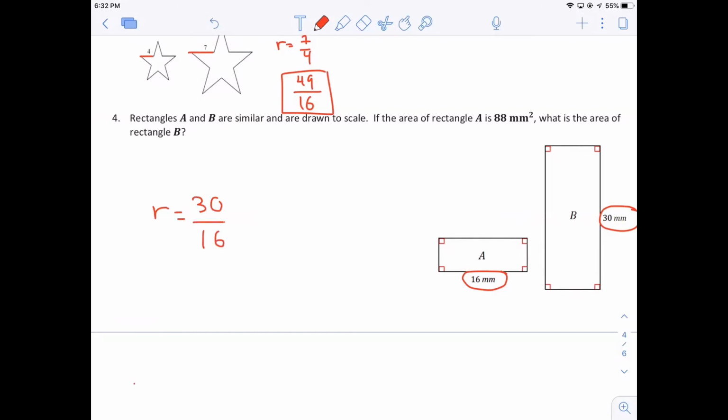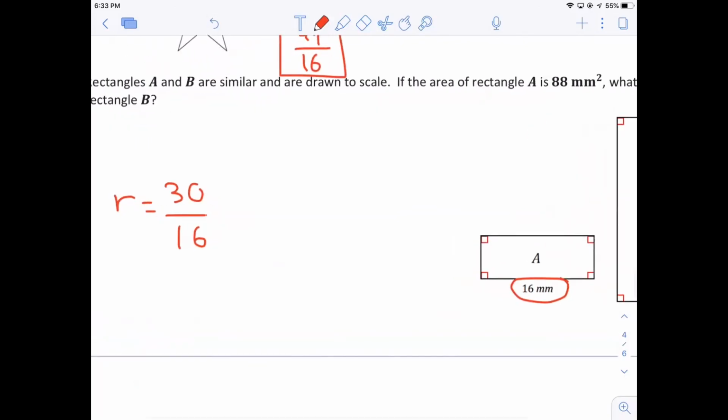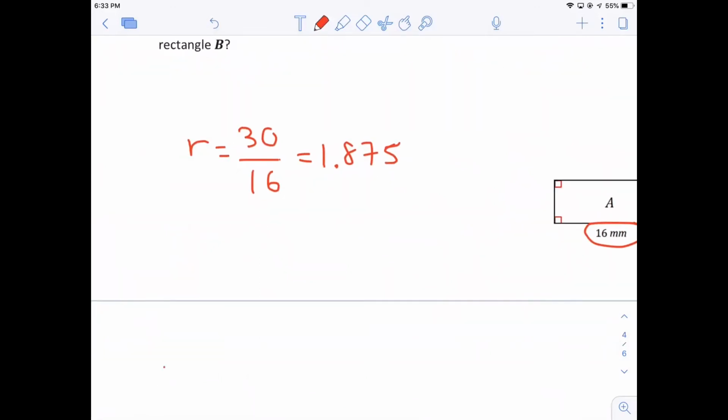And let me actually get this as a decimal, because I think with fractions it's going to be kind of big. So 30/16, that is 1.875. So my ratio for the areas is going to be 1.875 squared, which is 3.515625.